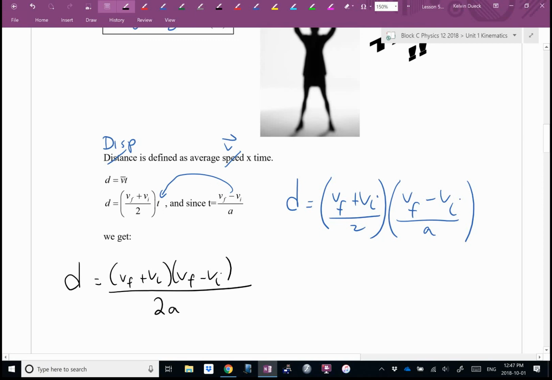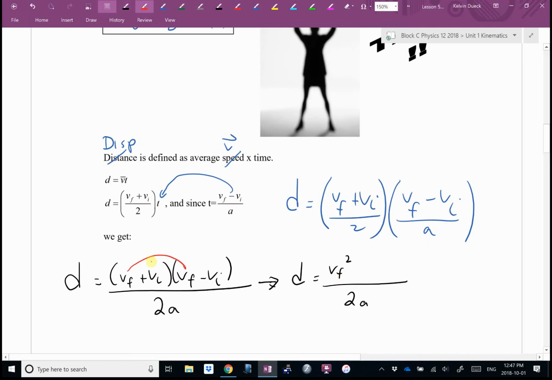You might recognize that from your factoring days as difference of squares. If I FOIL this out, I'll get this. D equals all over 2A. There's going to be a VF squared.